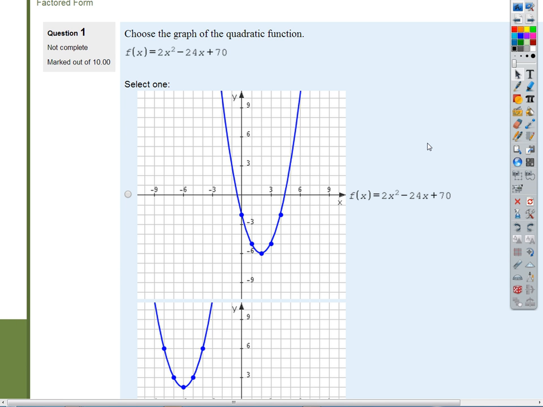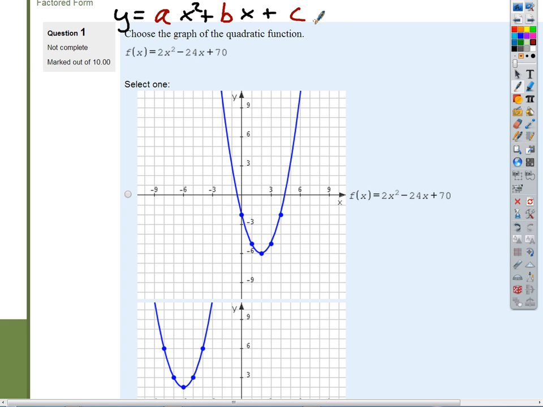So we're comparing it to y equals ax squared plus bx plus c.